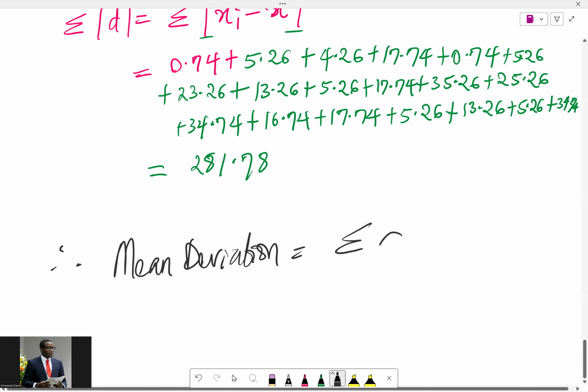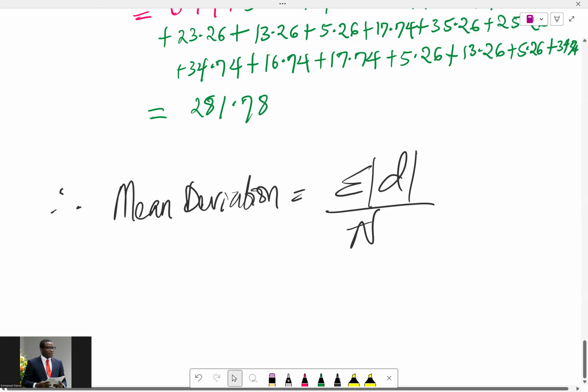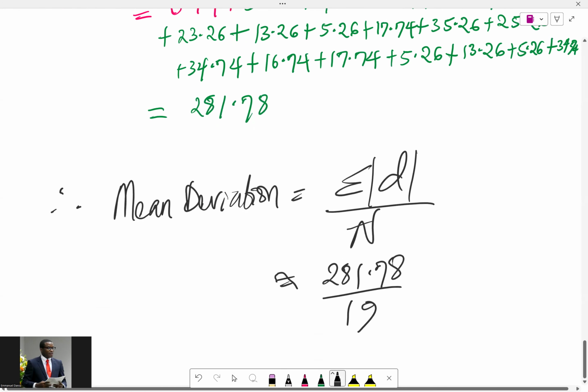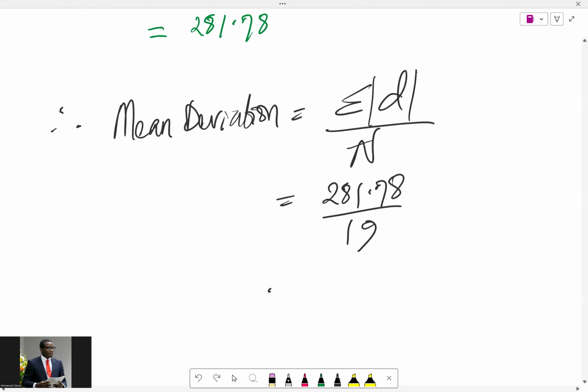So we can now say, therefore, the mean deviation is equal to the summation of the absolute value of d over n. So that is 281.78 divided by 19.